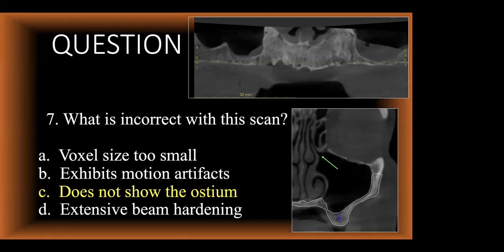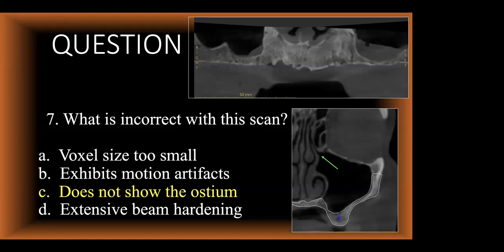So if you remember from the last session, always take the upper limit of a scan if you're anywhere near the maxillary sinus, meaning anytime you're going to place an implant near the maxillary sinus, make sure the upper limit of the scan is at the inferior border of the eye, inferior border of the orbit. And that will show us the maxillary ostium, which we have to verify that's patent.